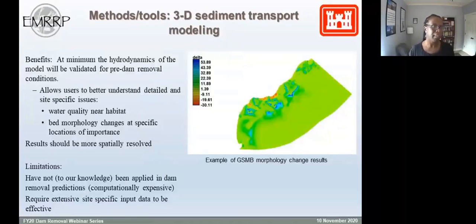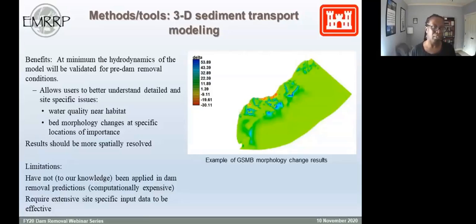The benefit of this, as I mentioned, is that at the minimum, the hydrodynamics of the model will be well validated for pre-dam removal conditions, and this will also allow users to better understand detailed and site-specific issues like water quality near habitat, bed morphology changes at specific locations of importance, and the results should be more spatially resolved.